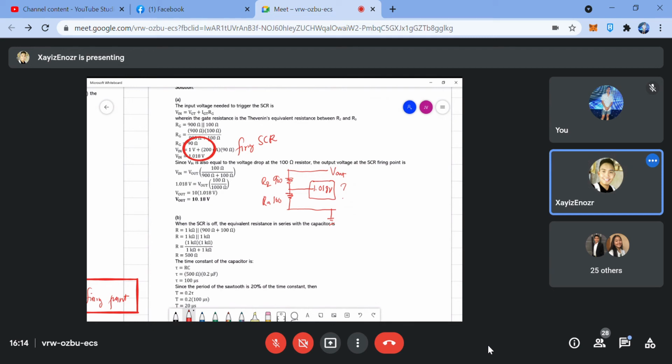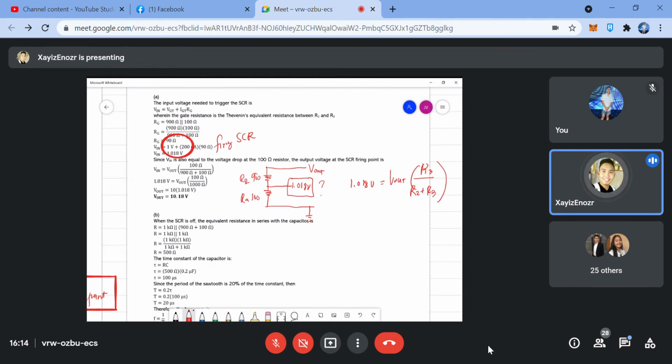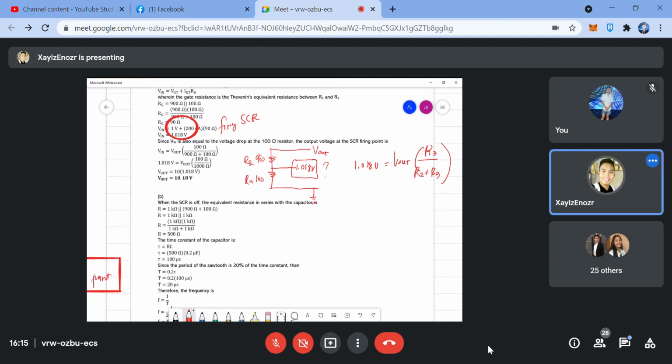So therefore, 1.018 volts is equal to Vout multiplied by yung kuhanan mo ng voltage which is R3, over yung summation ng resistance natin sa voltage divider. Kaya ito siya. So therefore, Vout multiplied by 100 ohms over 900 ohms plus 100 ohms. Then that will be 1.018 volts is equal to Vout multiplied by 100 ohms over 1,000 ohms. Then solving for Vout, our voltage output will be 10.18 volts.